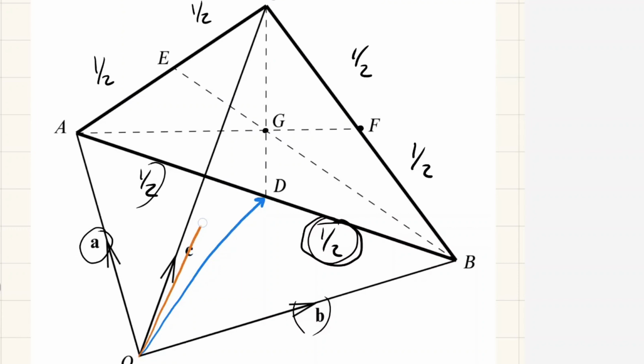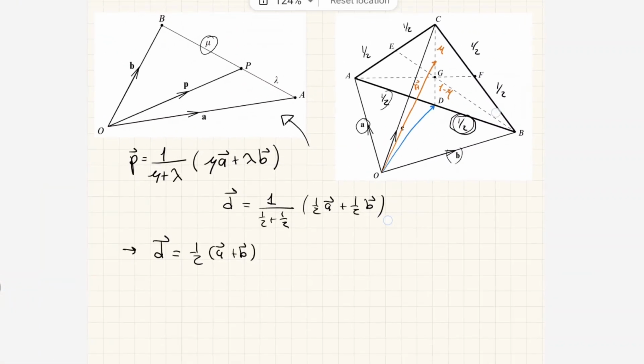Let's call it R1, so that R1 is dividing the segment CD in a proportion mu and then 1 minus mu, right? Because we know that the sum of the ratio values needs to be equal to 1, so mu plus 1 minus mu is equal to 1. So that means that R1 is dividing the segment CD in that proportion.